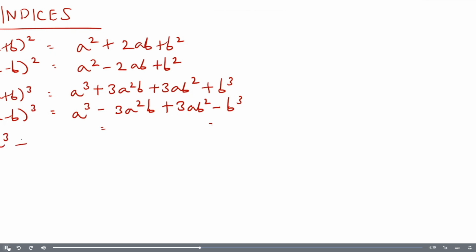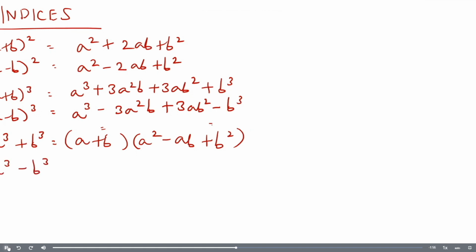Next, a cube plus b cube is equal to (a plus b) into (a square minus ab plus b square). a cube minus b cube is (a minus b) into (a square plus ab plus b square).